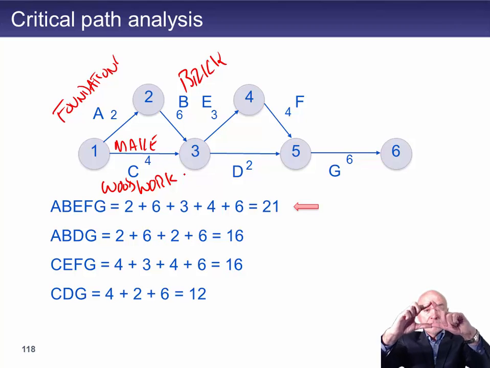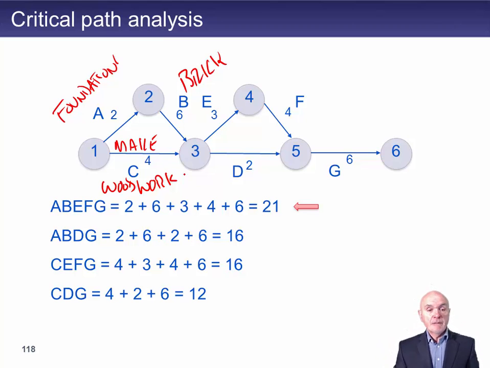The woodwork is going to be on the roof eventually. So making the doors, making the windows, making the roof woodwork can all start immediately. It doesn't depend on us having the foundations in, or it can be done in parallel. It can be done at the same time as these. And it's going to take 4 weeks.